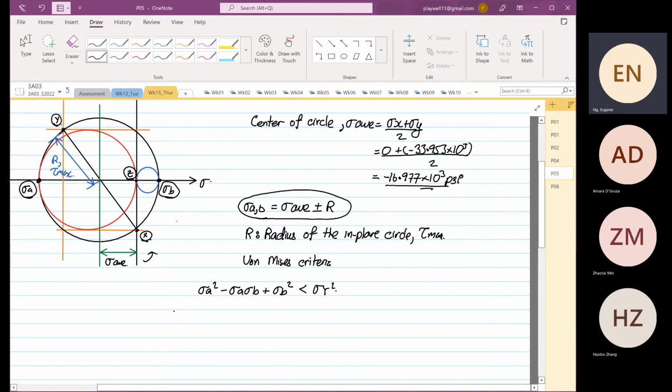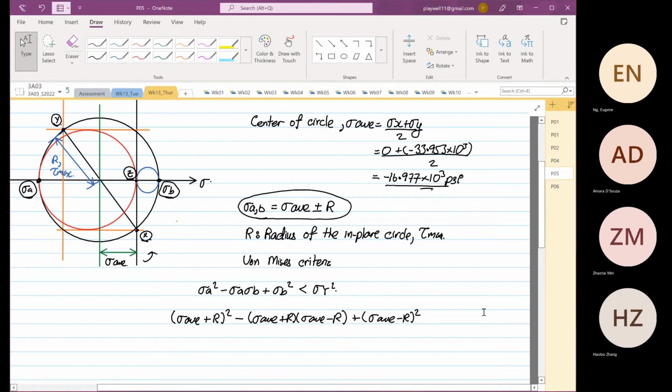It's going to be a very wordy expression. So stress average plus radius, squared, minus stress average plus R multiplied by stress average minus R, plus stress average minus R, squared. This whole thing must be less than stress U squared.